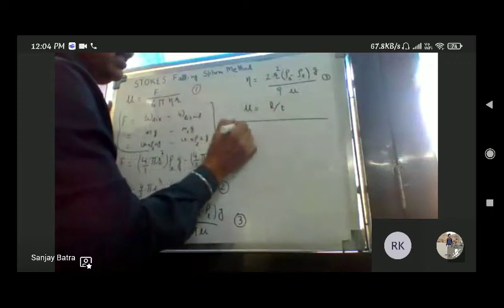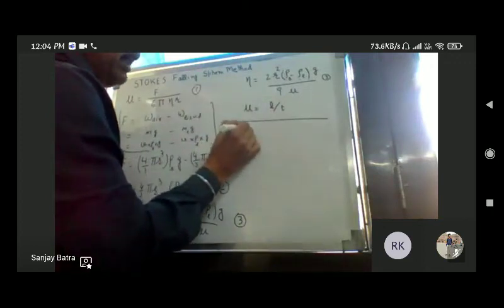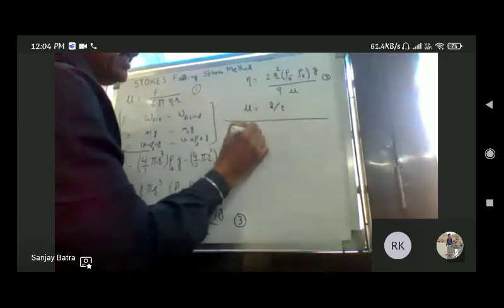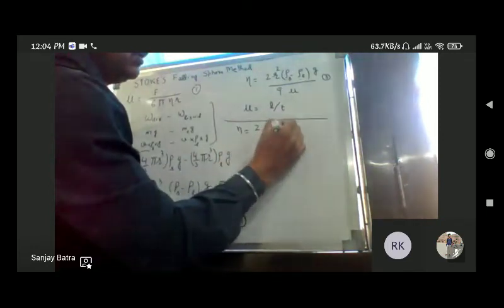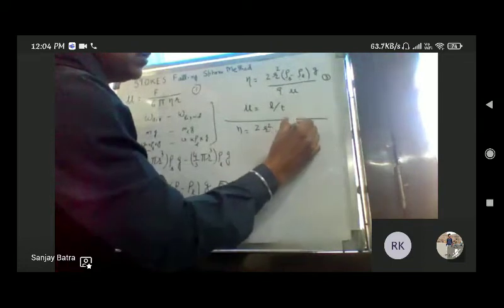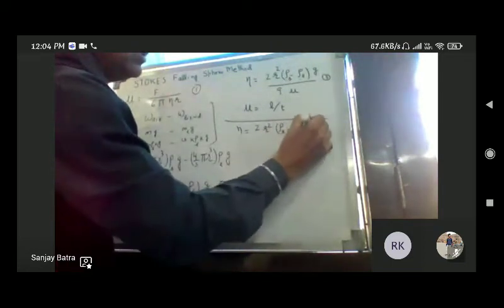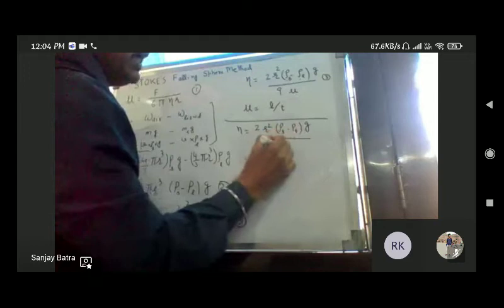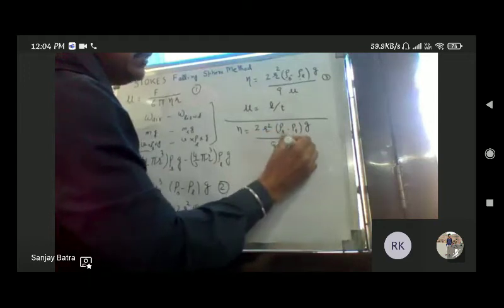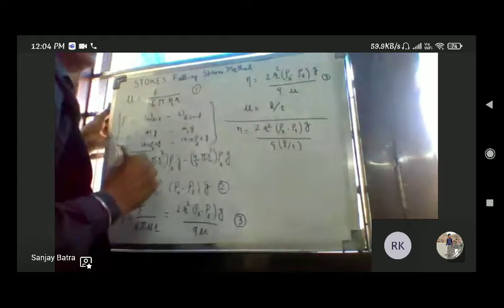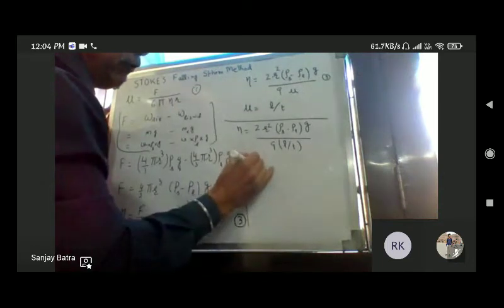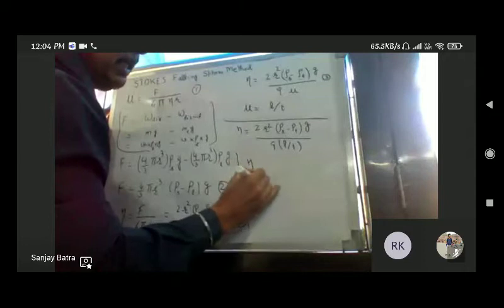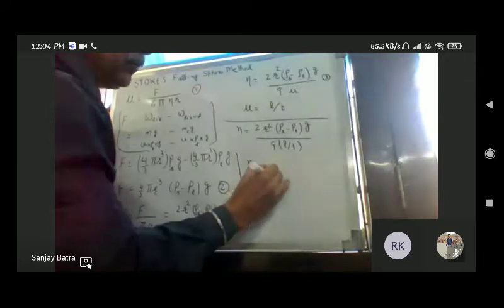So in this method, if I put value of u as L by t, we get this expression: neta equals 2r square (rho s minus rho l) into g divided by 9 L by t. Now, if I use 2 liquids, one reference liquid, determine time of flow for both of them, then it becomes neta 1 by neta 2.